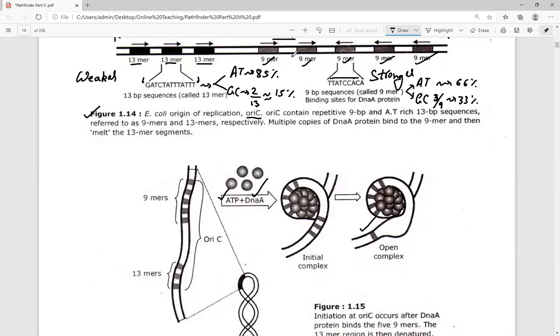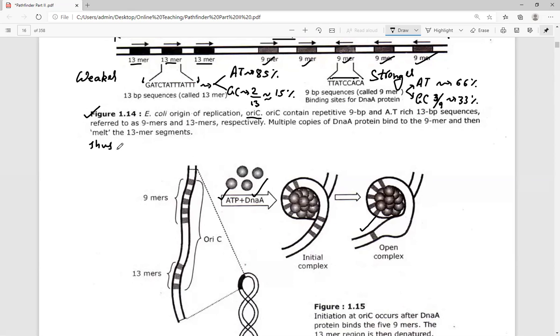The opposite is not true, because AT has just two hydrogen bonds, whereas GC has three. So the bonding in the 9-mer region is stronger. You use the stronger bonding to make a cleft and melt the DNA where it is loosely bound.